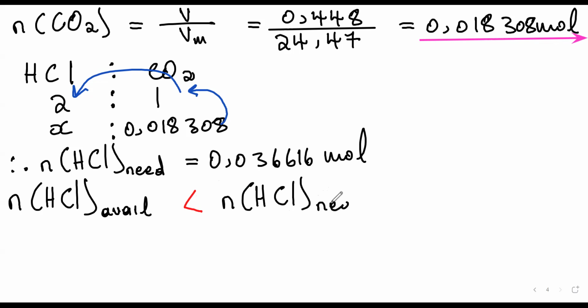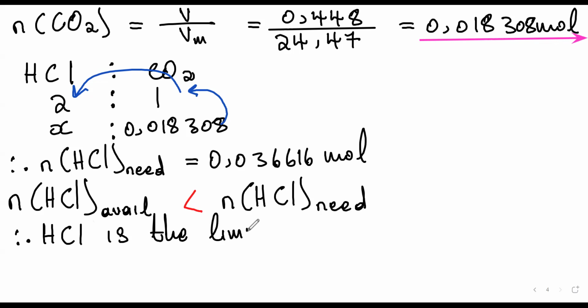Because in the statement, they gave us 0.028, and that 2 is less than the 3 that we have there. Then the conclusion is hydrochloric acid is the limiting reagent. Right.